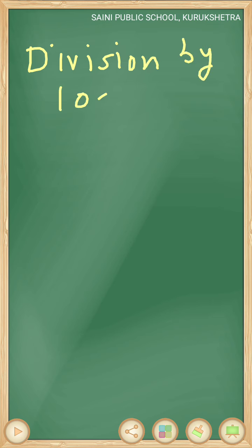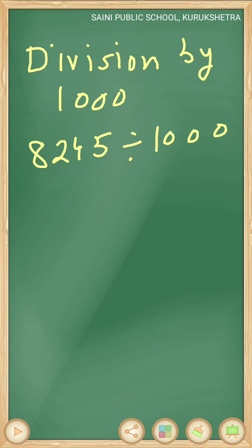In the same way we will do division by 1000. While dividing a number by 1000, the quotient is obtained by removing the hundreds, tens and ones digits, meaning 3 places from the number. For example, I am writing here the number 8245 divided by 1000. You can see this by dividing.